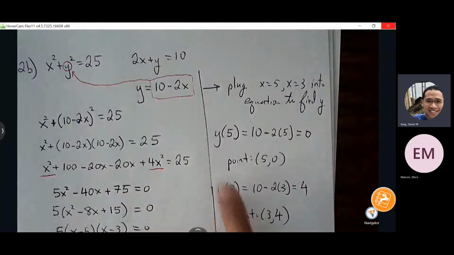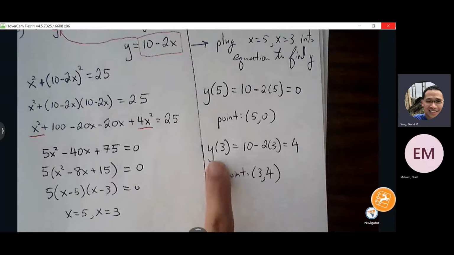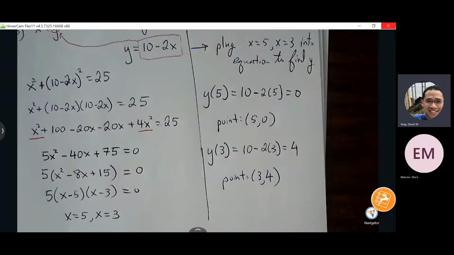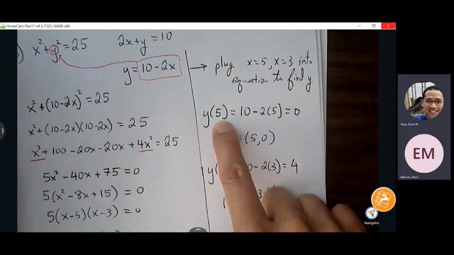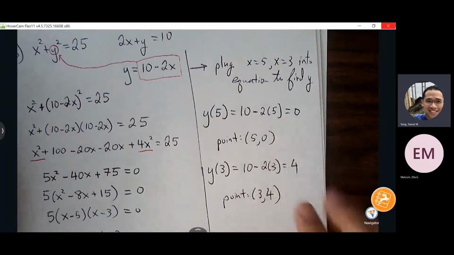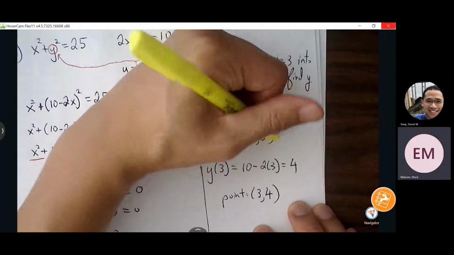And then we typically use this notation, y of 5, y of 3, to indicate that we're inserting these argument values into the function to get the y value.